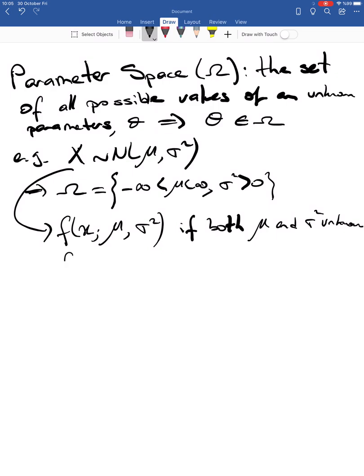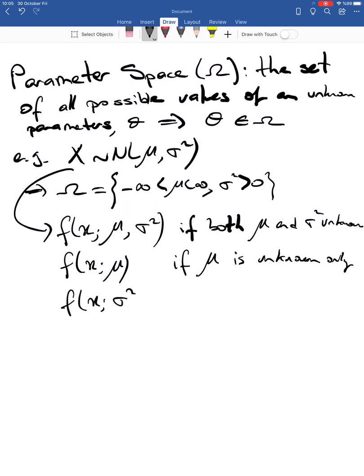And if we write our PDF this way, then this means that sigma square is known here. It's not an unknown parameter, only mu is unknown. Similarly, if we write it like that, then this means that mu is known and sigma square is unknown only. So these are some representations that we will use.